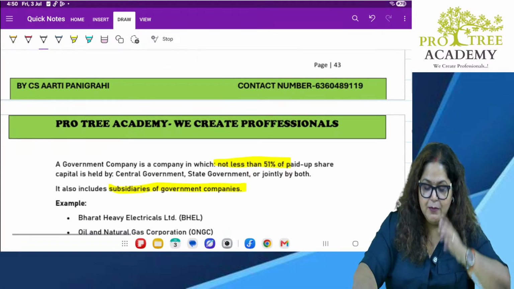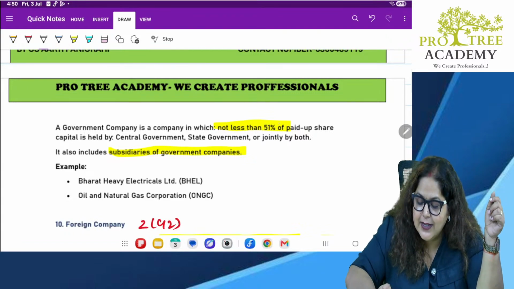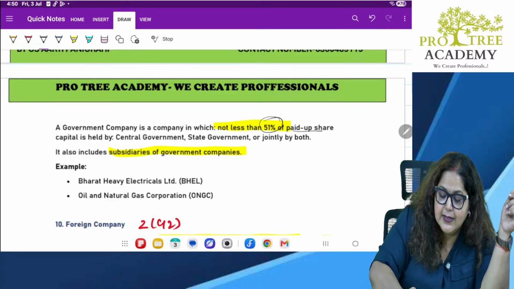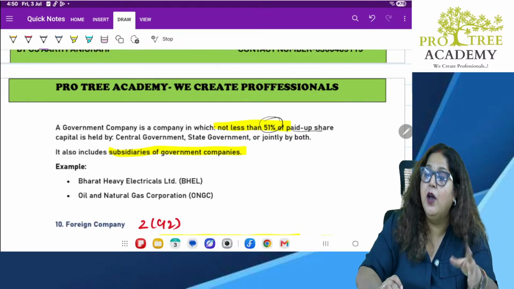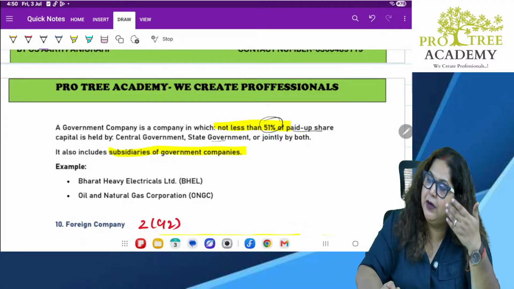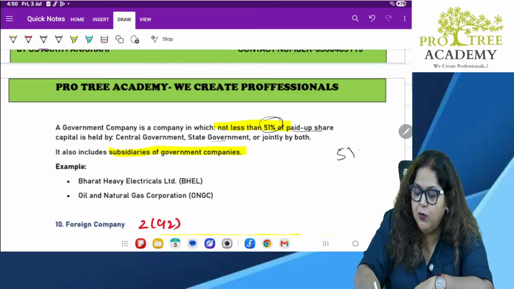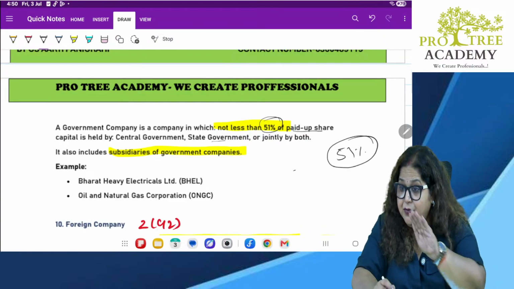Yes, government company. A government company is a company in which not less than 51% of the paid up share capital is held by either the central government completely, or jointly by the central government and state government. How much? Not less than 51%.